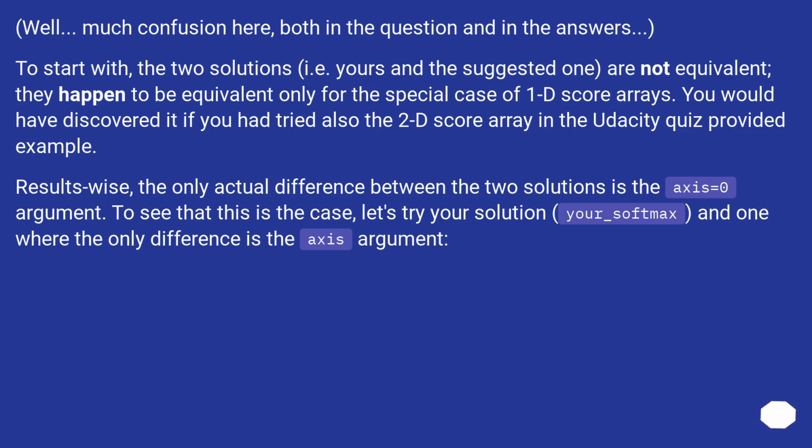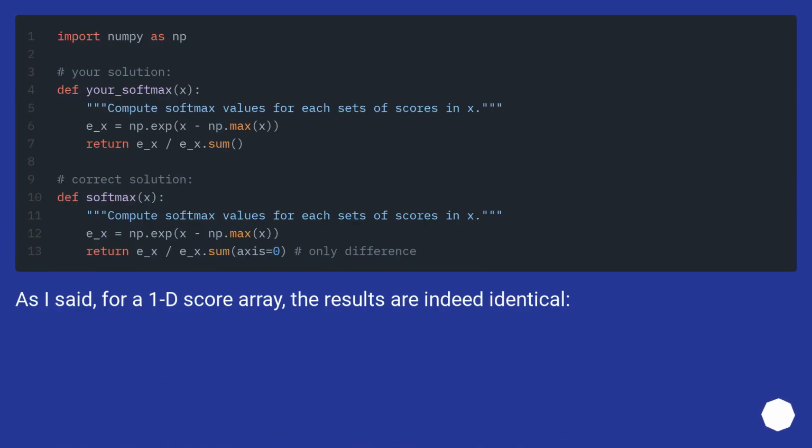To see that this is the case, let's try your solution, your_softmax, and one where the only difference is the axis argument. As I said, for a 1D score array, the results are indeed identical.